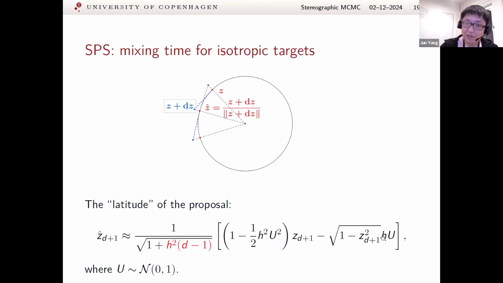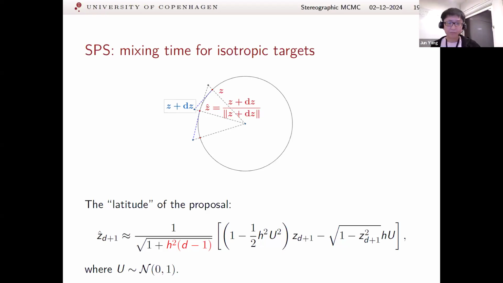Which means that if you choose h arbitrarily large, this proposal latitude is still Gaussian with roughly 1 over square root of d standard deviation. Which means the proposal latitude with very high probability is still very close to the equator.